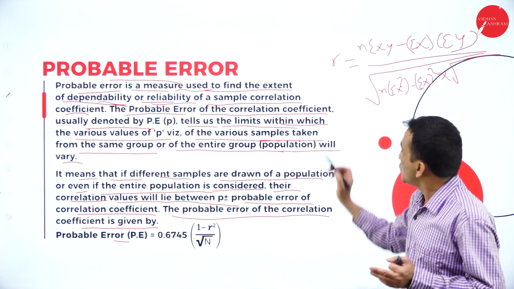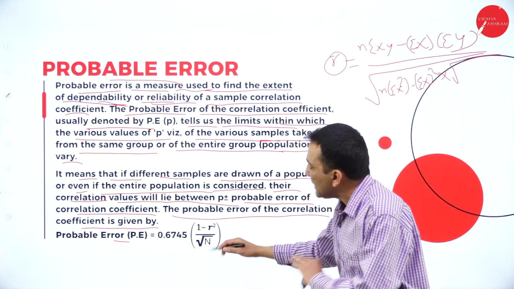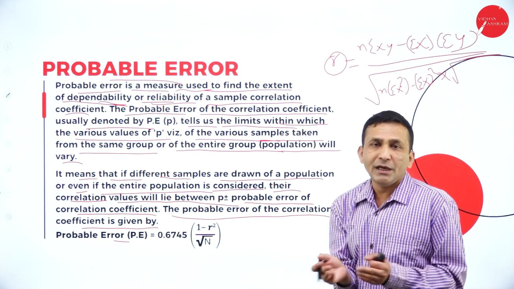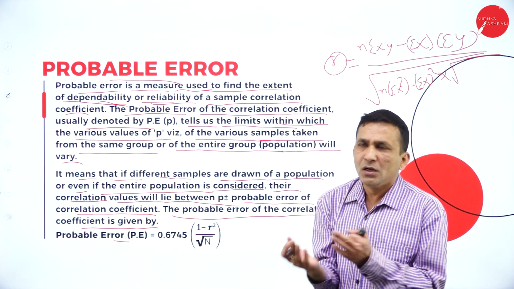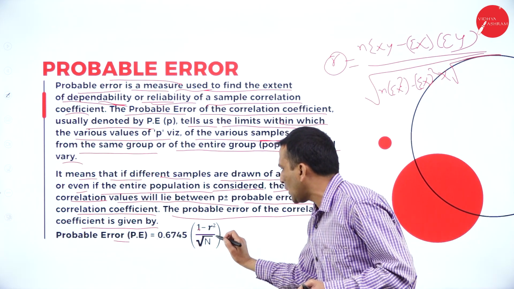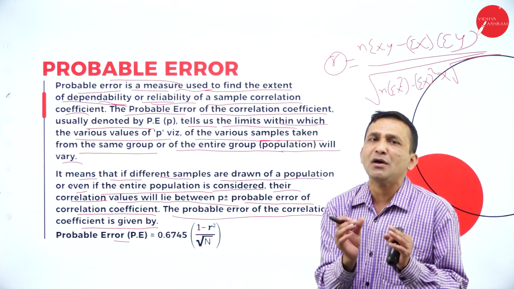Whatever we get, we take the square, whether positive or negative. Root n means the number of items.